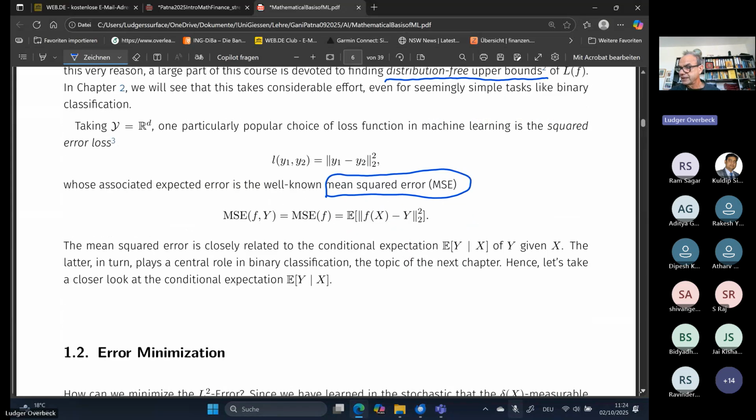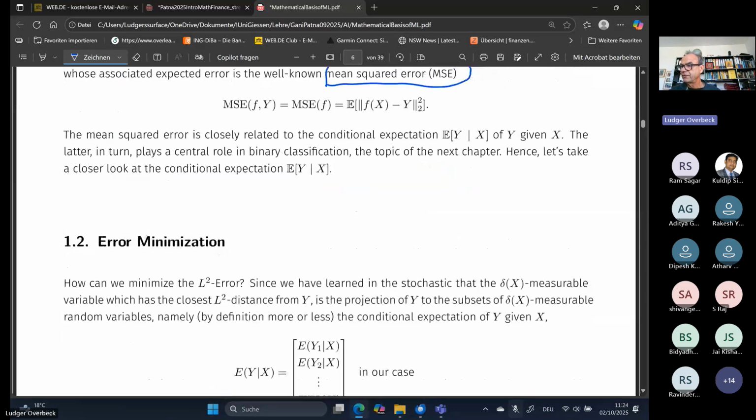So theoretically, it's clear, if you want to analyze this, the minimizer of this one, min of this one, f of x equals the expectation of y given x equals x. Well, the L2 distance minimizer is a conditional expectation.